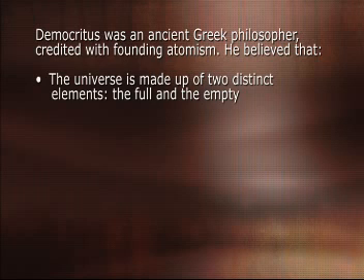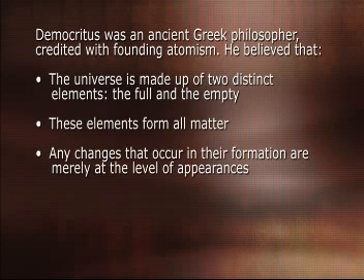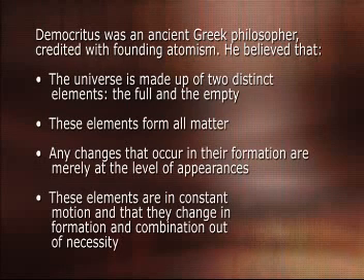He theorized that these elements form all matter, and that any changes that occur in their formation are merely at the level of appearances. He believed that these elements are in constant motion, and that they change in formation and combination out of necessity.